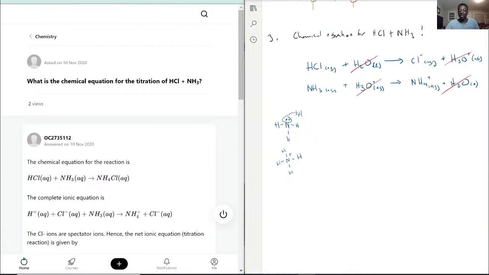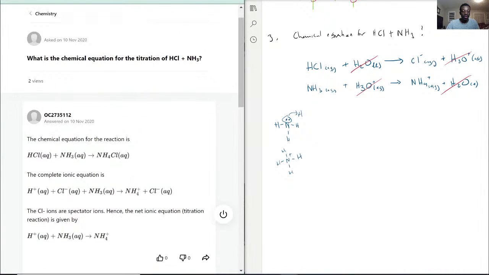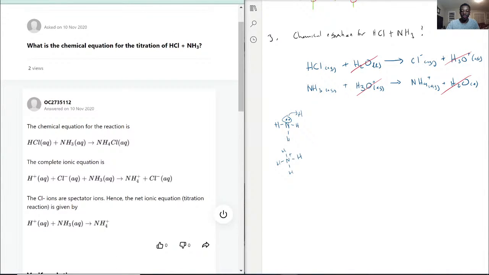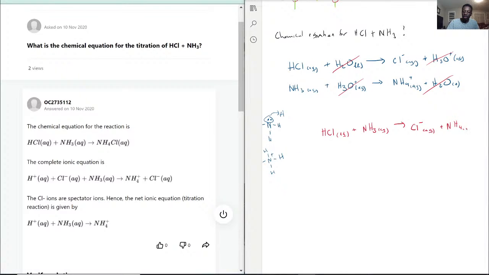So what we have is HCl plus NH3 turns into what's left: Cl minus plus NH4 plus.